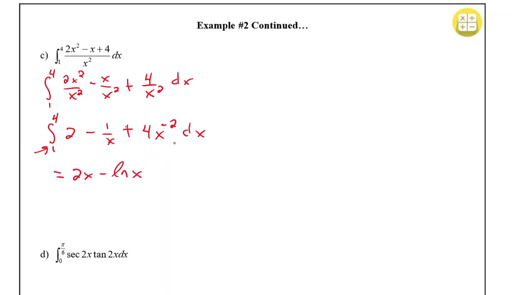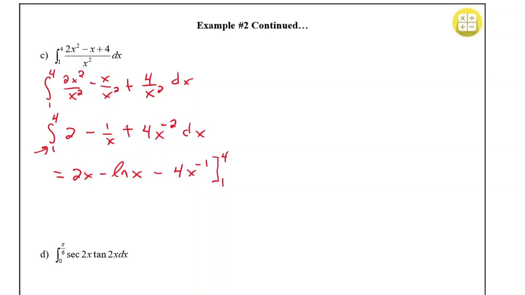And then this becomes plus 4x to the negative 1, so adding 1, and then that would be over negative 1. So why don't we just call this minus 1 right now? So that was the antiderivative, right? And typically you'd say plus c, but we're going from 1 to 4, so we can just write this, right? It goes from 1 to 4.